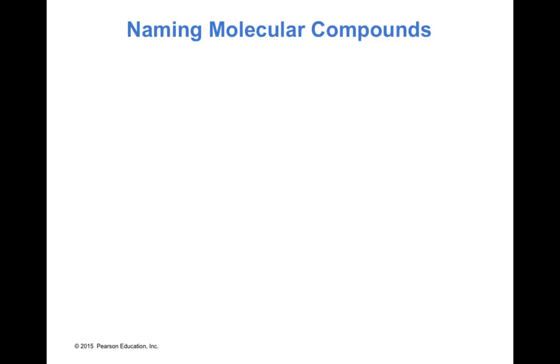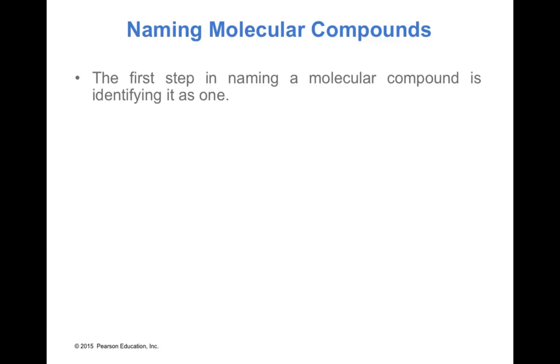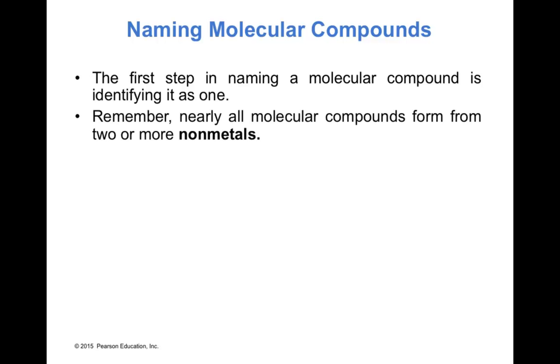Now let's talk about the nomenclature of molecular compounds. The first step in naming a molecular compound is identifying it as one. Remember, nearly all molecular compounds form from two or more nonmetals.